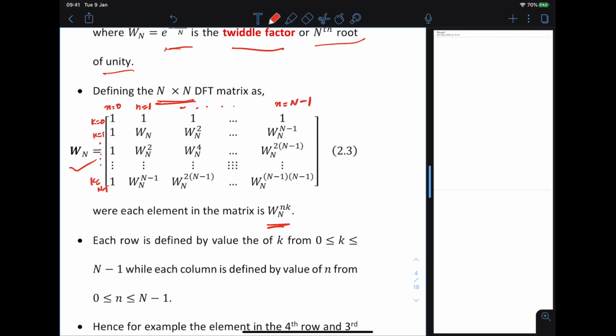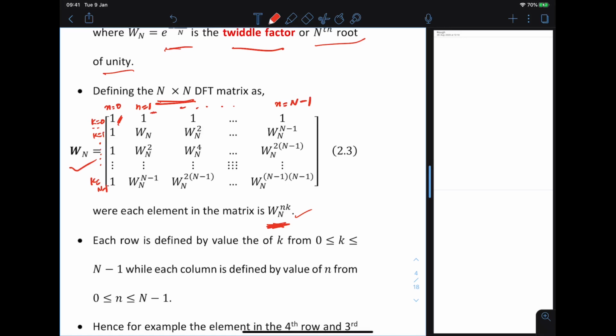So now what does this element mean? The first row, first column, that is equivalent to Wn raised to nk, and k is 0 here, so it will be 1. Similarly everywhere. So for n by n DFT matrix, the first row and first column will always be equal to 1 due to this k equal to 0 or n equal to 0.